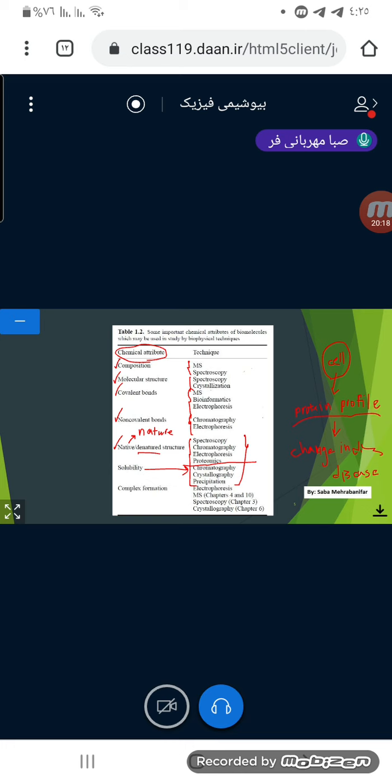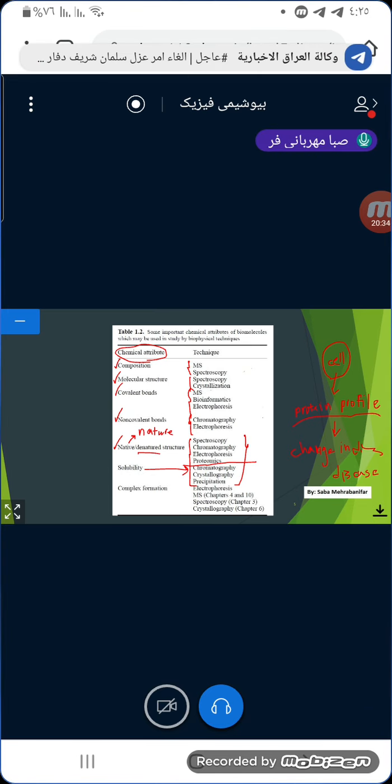And your friend asked why we want to know whether the protein is native or not. In some kinds of research projects, yes, it's similar to genomics.